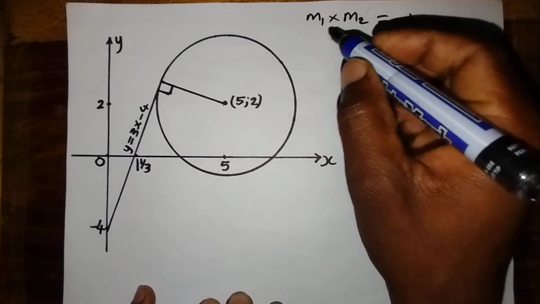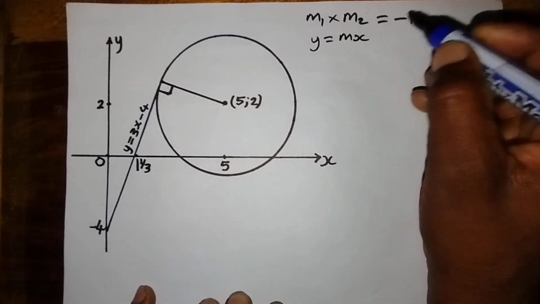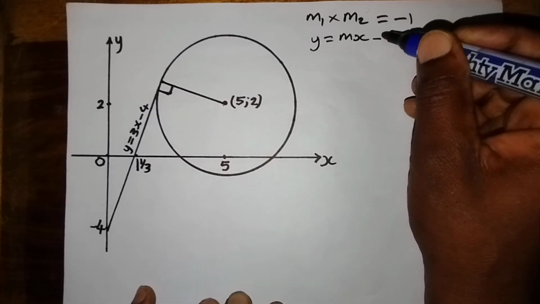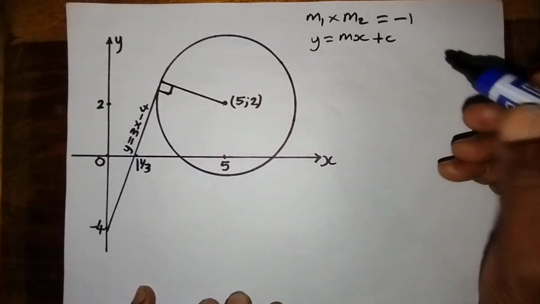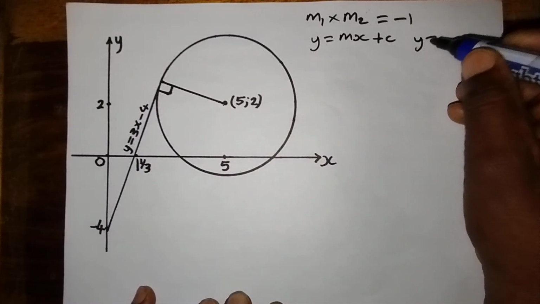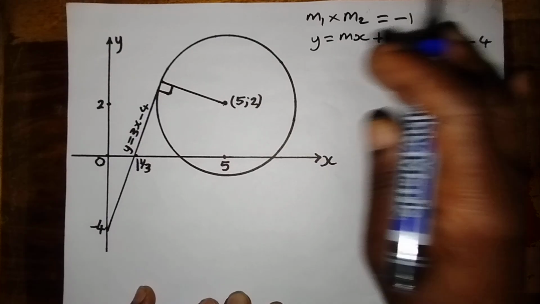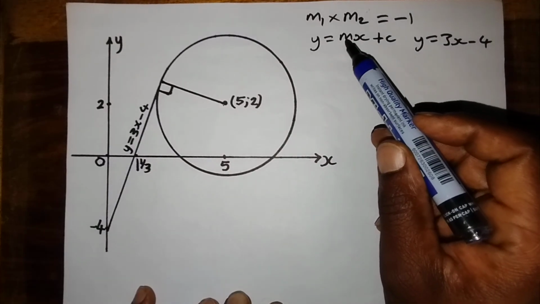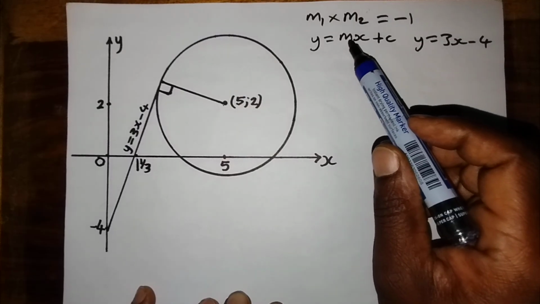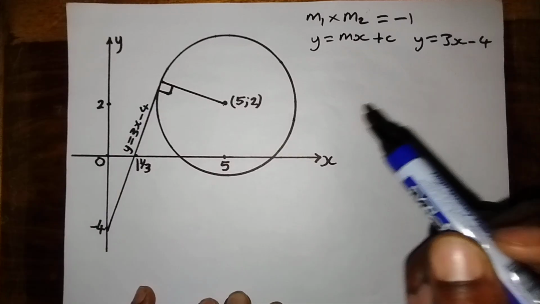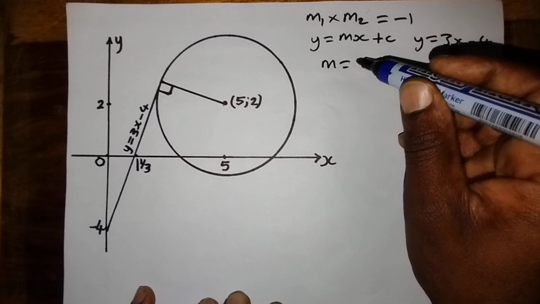First, I will write the standard equation of a straight line, which is y equals mx plus c. And then I'm going to write the equation of the tangent, which is y equals 3x minus 4, and compare these two. This m here stands for the gradient. So comparing this with this one, we can see that m in this equation is 3. So the gradient of the tangent is 3.